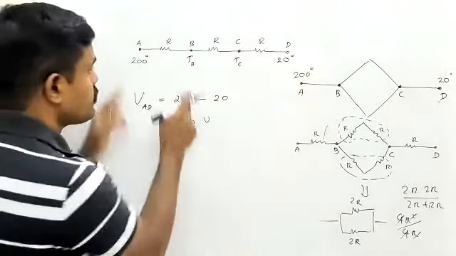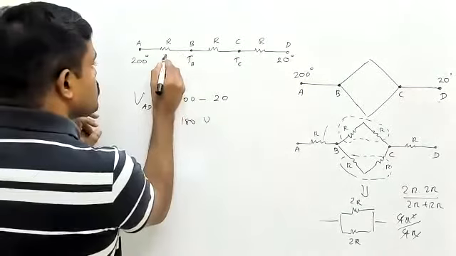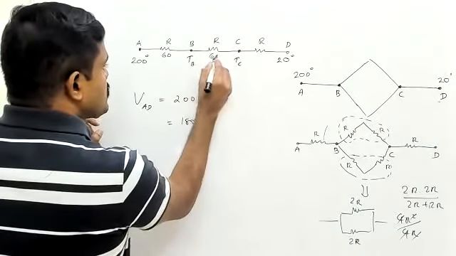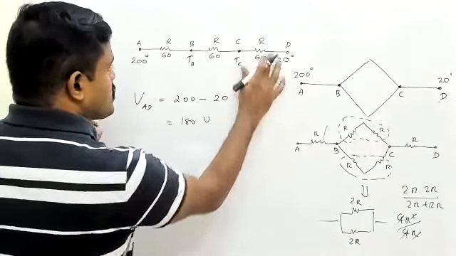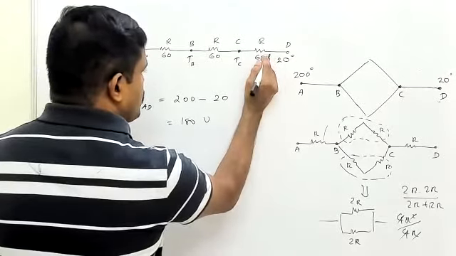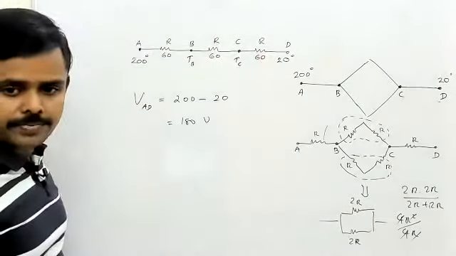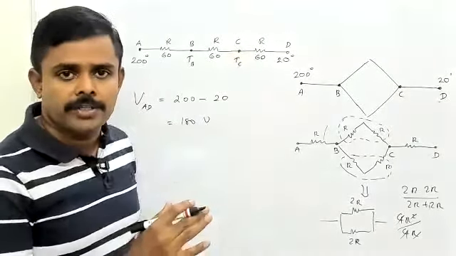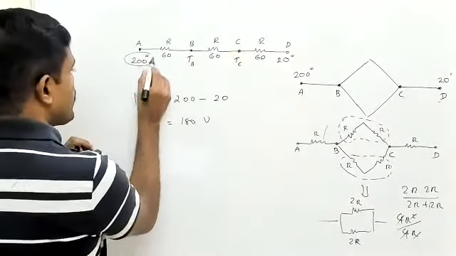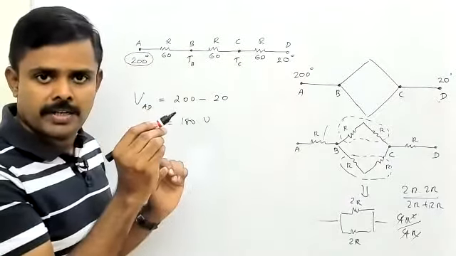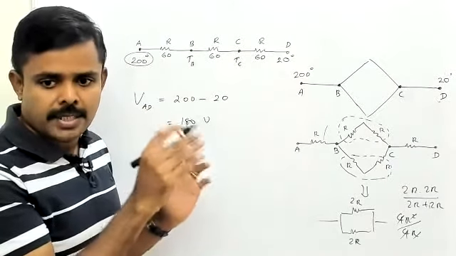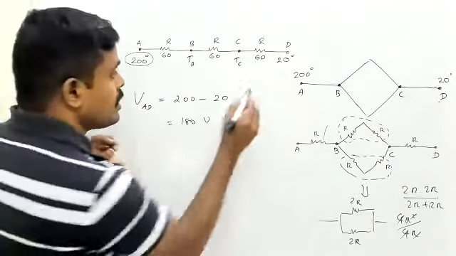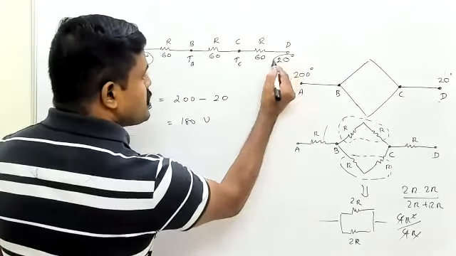Those 180 volts will be uniformly spread along the three resistors, 60, 60, 60. Did you understand? No. I'll tell you. What is the potential difference between the first point and last point? The potential here is 200. I'm talking about thermal potential, which is called temperature. The thermal potential or temperature here is 20.